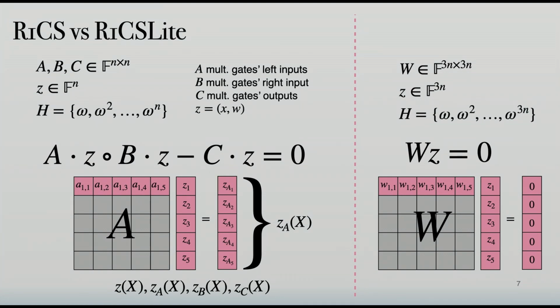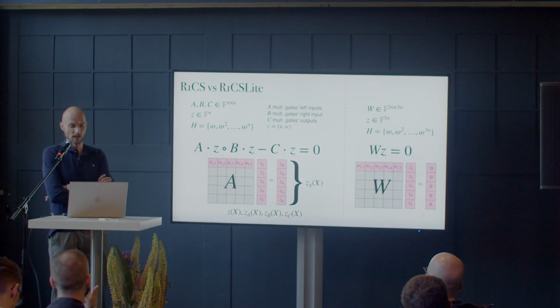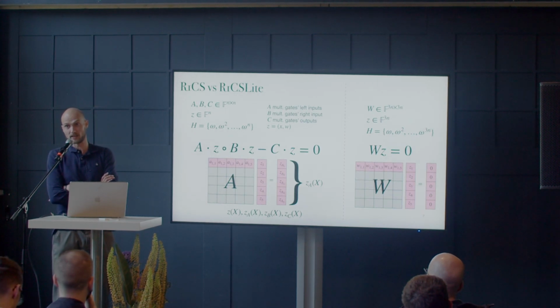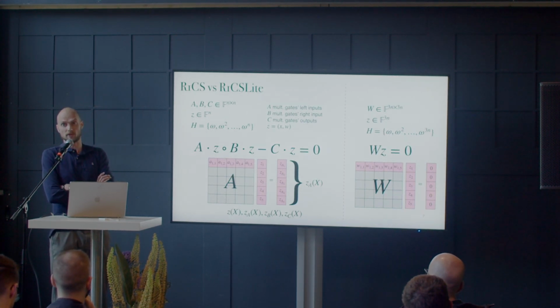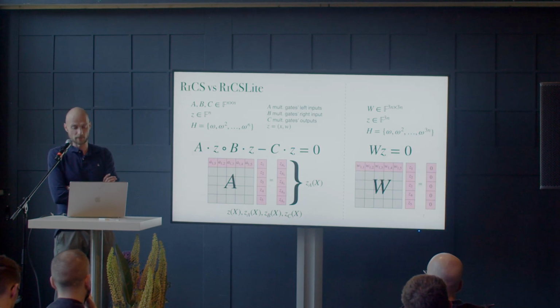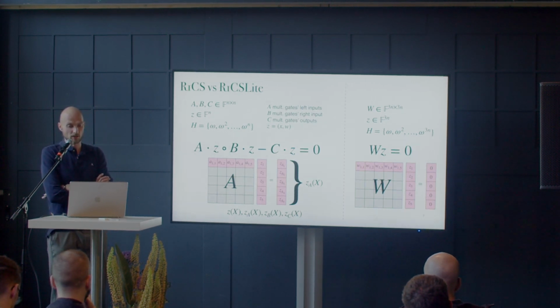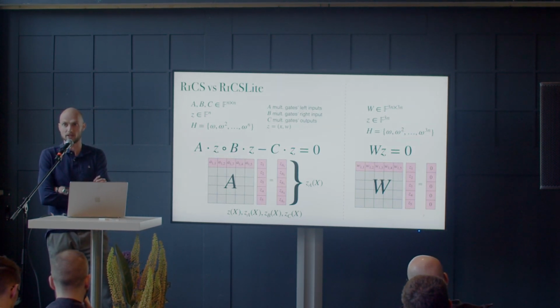Because we have this blow up from n times n to 3n times 3n, and that makes the prover a bit less efficient. However, count is more efficient than Aurora, because it's a super simple sum check argument. Well, I don't have any numbers right now, but we are working on the implementation.